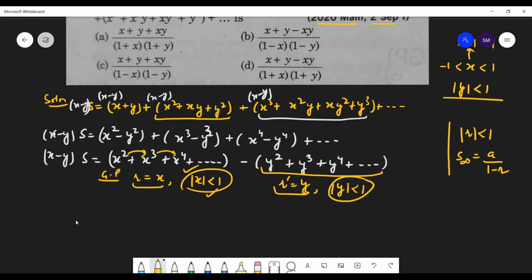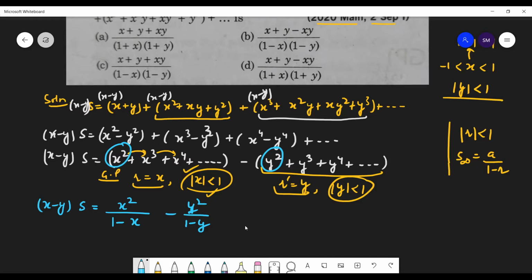Good. Now it's quite easy for you. So (x minus y) into the sum equals, what will be the sum of this series, students? A upon 1 minus r, what is your a? First term x square, so x square upon 1 minus x, minus y square upon 1 minus y.